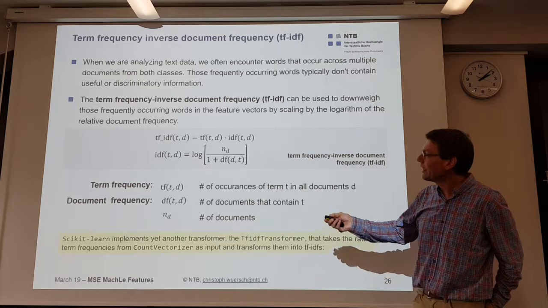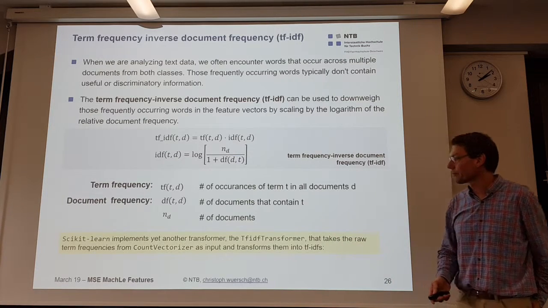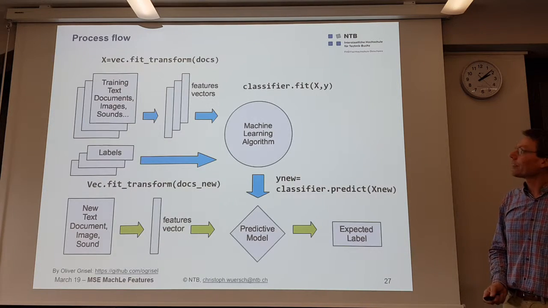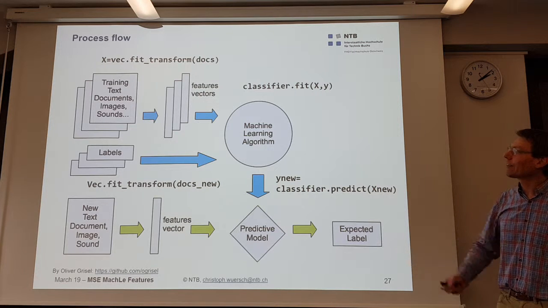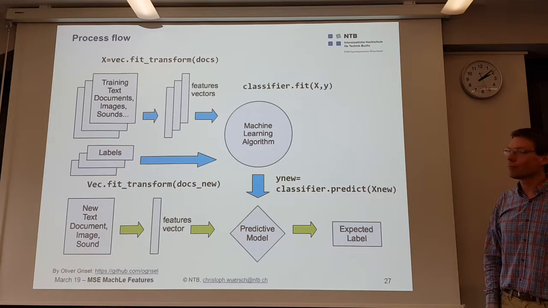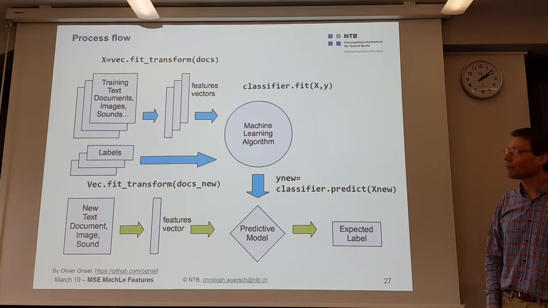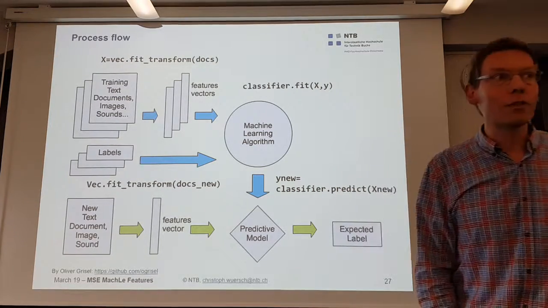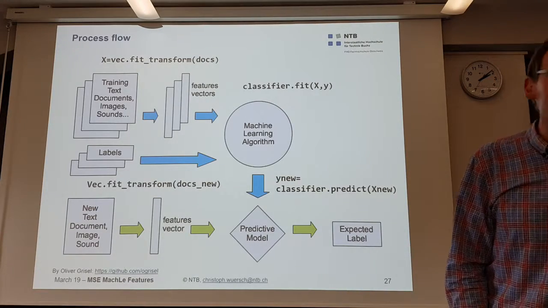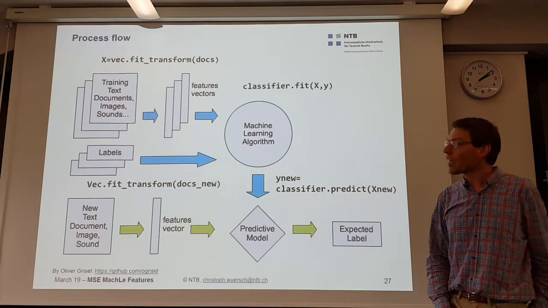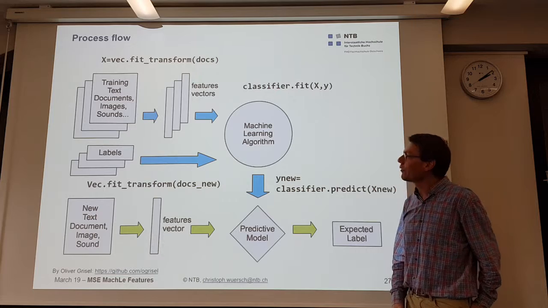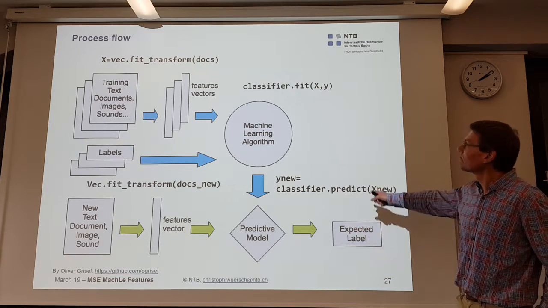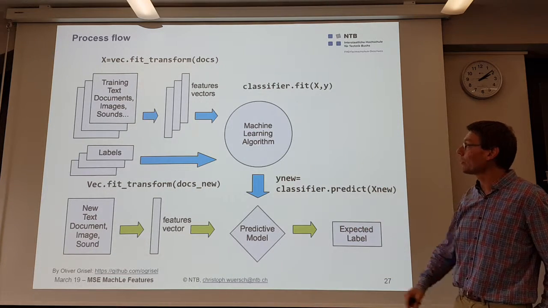Let's talk about the TF-IDF. This is the whole chain we would use, for example, in a pipeline. We transform documents into numeric features. Once we have those numeric features, we can apply a fit procedure or a machine learning algorithm.